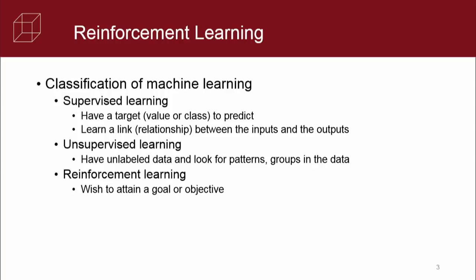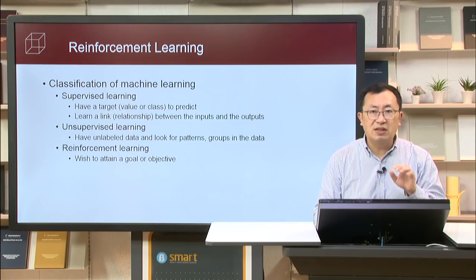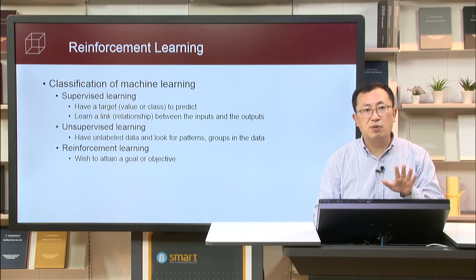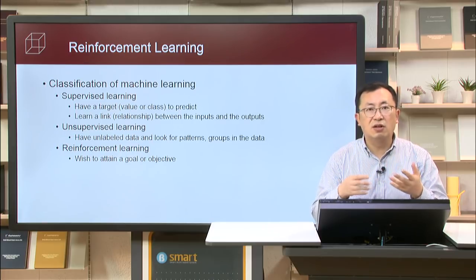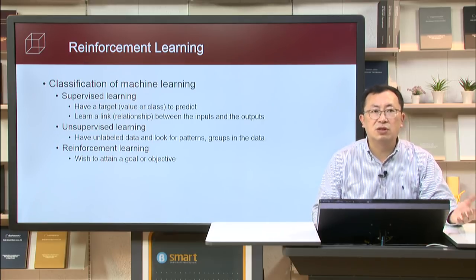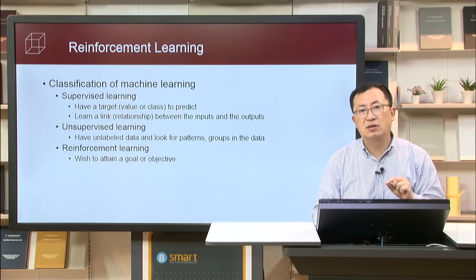So let us briefly go over the classification of machine learning algorithms. From this course, you first learn supervised learning. As you know, supervised learning models assume to have the target to predict, and from the data consisting of inputs and outputs, we try to learn the relationship between the inputs and the outputs.